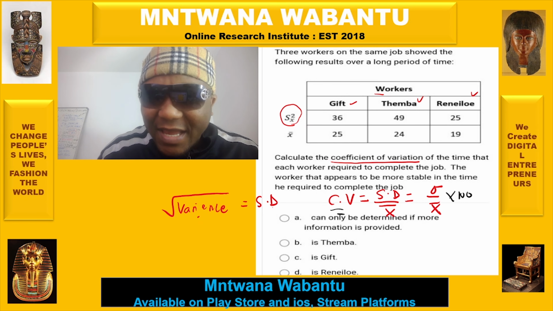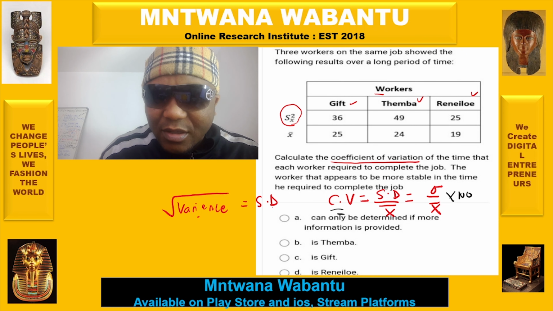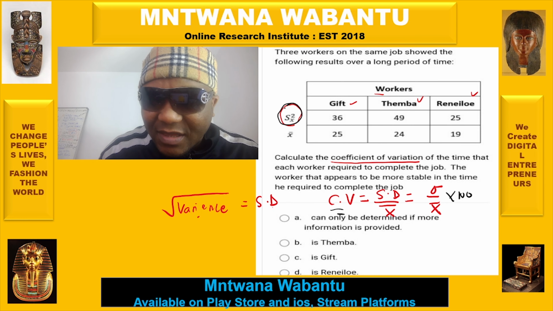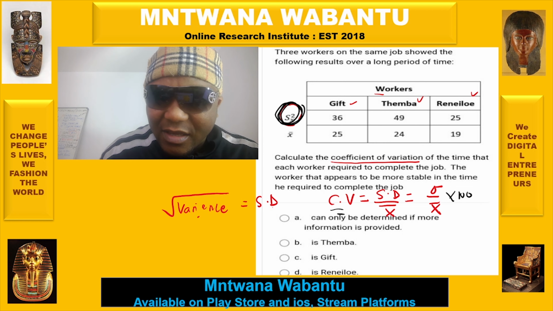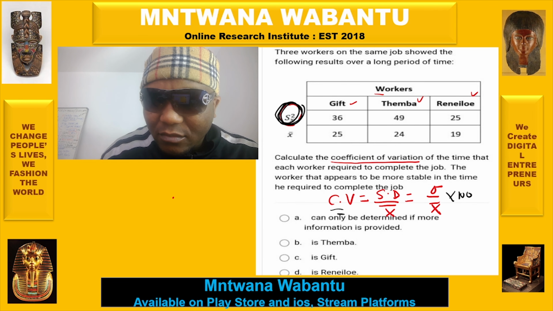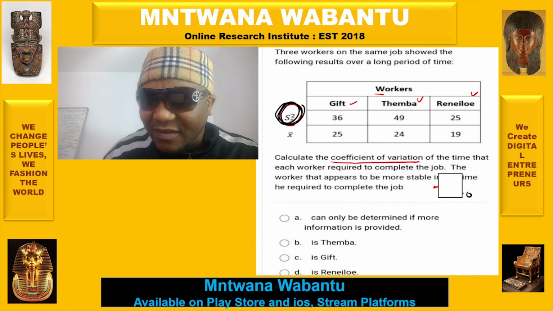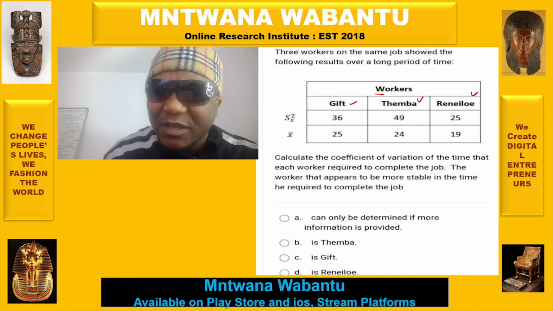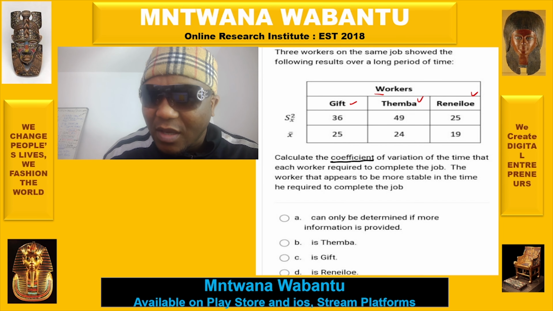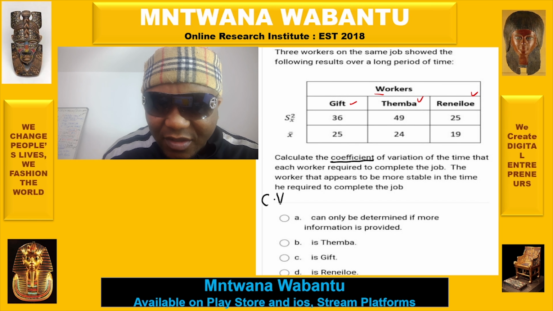So right here, if you look carefully, they square something. In other words, this is the variance. That's a variance. So if that's a variance, for you to get standard deviation, which we need, because if you want to calculate the coefficient of variation, we have to say coefficient of variation equals standard deviation over your mean.